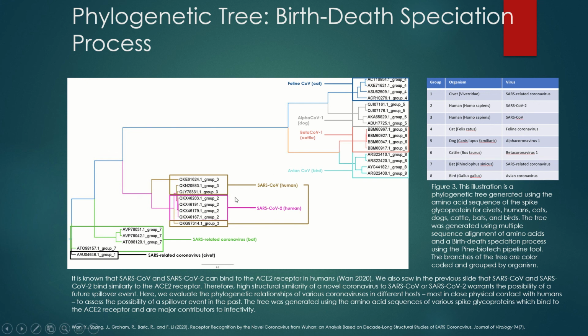Therefore, based off of this tree, whichever coronaviruses are closer in relation to these might actually be more similar in binding to the ACE2 receptor than, say, these, the civet and the bat hosts.